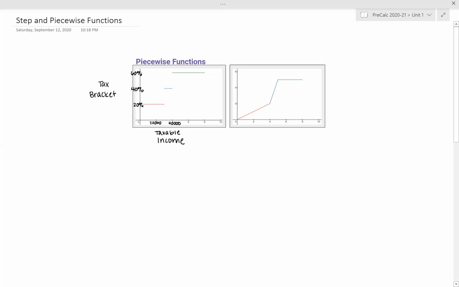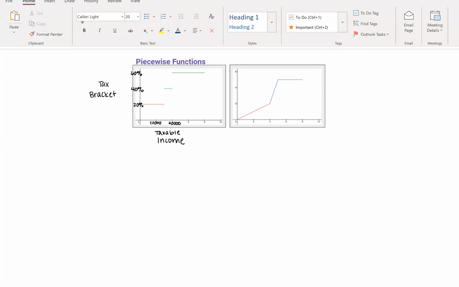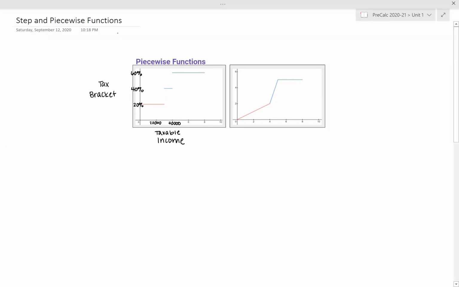Okay, so reading that graph, let's suppose my taxable income is $20,000.